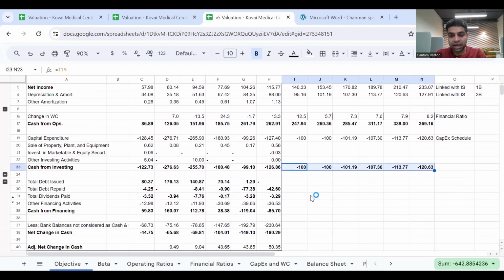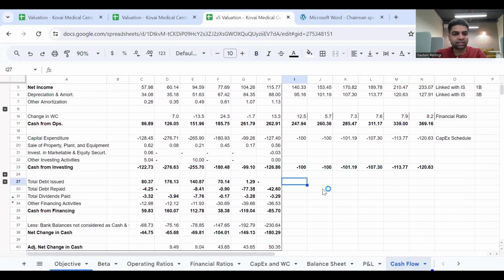All right. Now let's look at this total debt issued, total debt repaid. Right now we have assumed no debt issued, no debt repaid. But I said we'll change that.